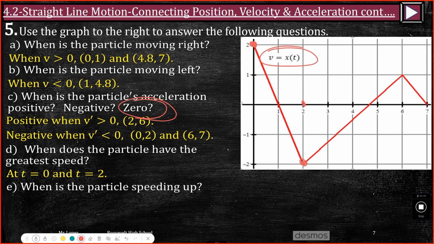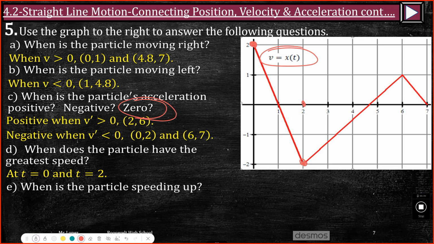When does a particle speed up? Velocity and acceleration have the same direction, where direction means if they're positive or negative.